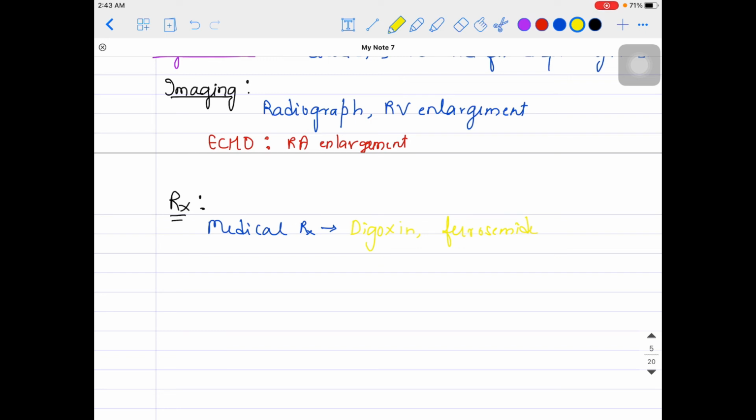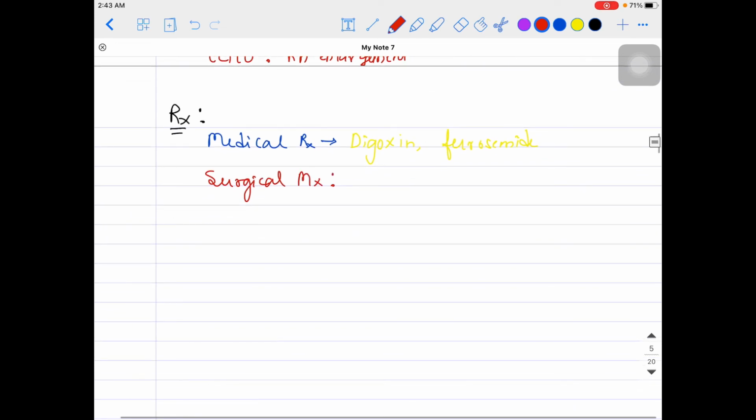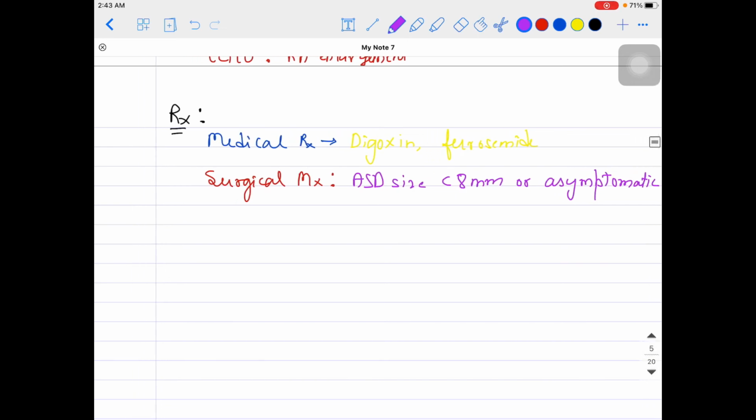So let's say the defect size is less than 8 millimeter. What I'm saying is, for the surgical management, if they are saying that the ASD size is lesser than 8 mm, and the patient is asymptomatic, then in those cases you will not be doing anything.